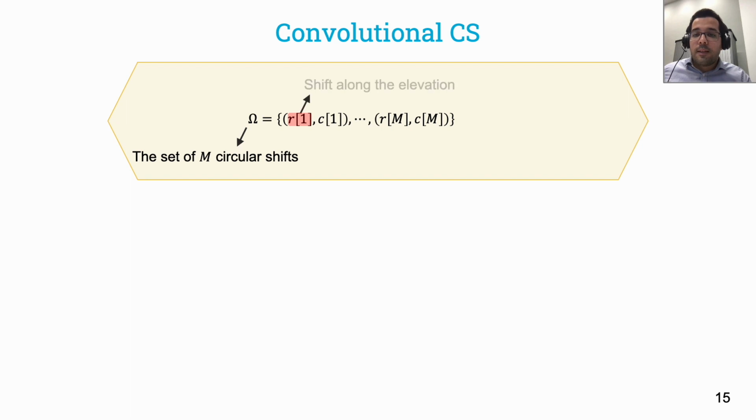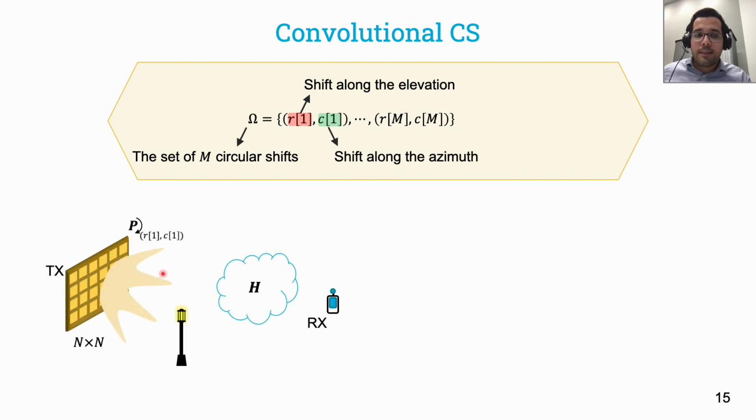Okay, let's collect the M pairs of circular shifts in the set omega, where each pair contains the amount of circular shift along the elevation and the amount of circular shift along the azimuth. Now we can acquire the M measurements by applying the circular shifts of p sequentially according to the set omega, as you can see over here.